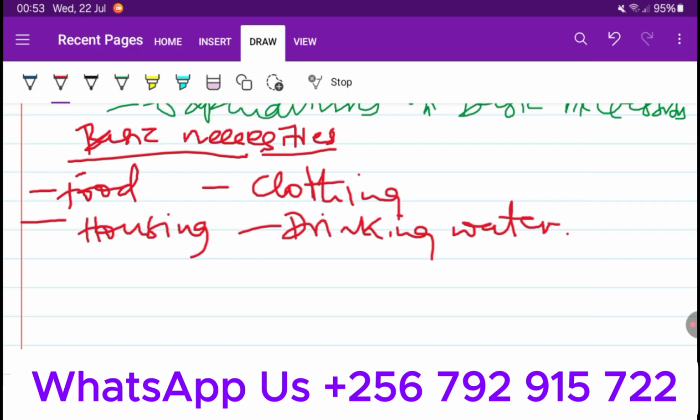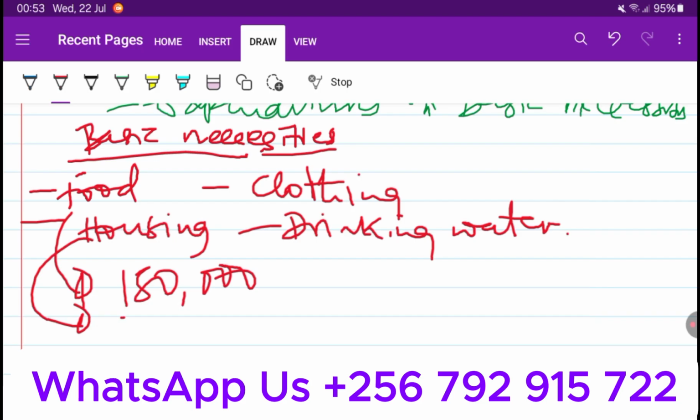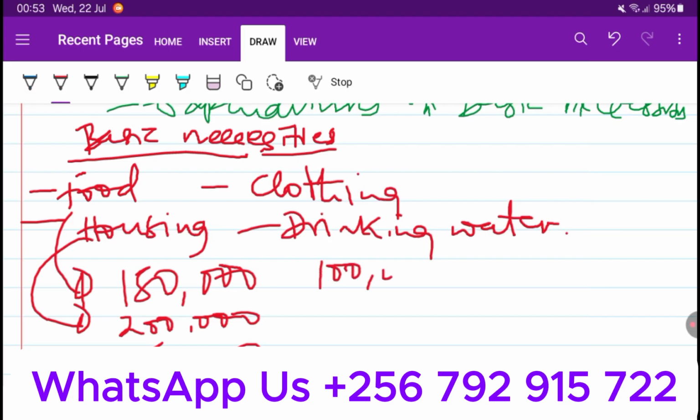If I say that on my clothing, I've spent, let's say, 150. Maybe on housing, I've spent 200. And maybe clothing, I've spent maybe, let's say, 50. Then maybe for, let's say, drinking, I've spent, let me say 100,000.